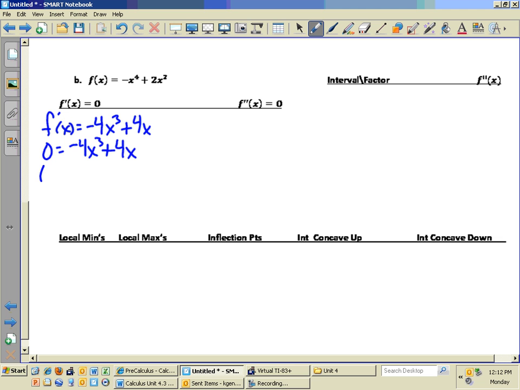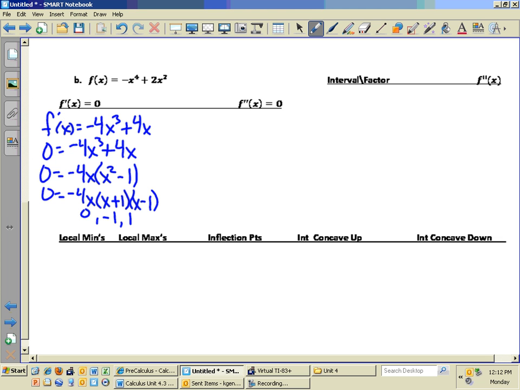Factor out a negative 4x times x squared minus 1. So I get 0 equals negative 4x times x plus 1 times x minus 1. Okay, so it looks like I have critical points that exist at 0, negative 1, and positive 1.